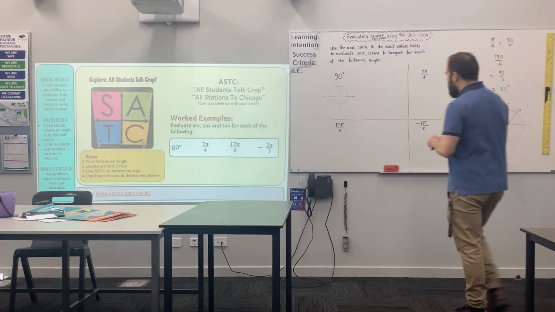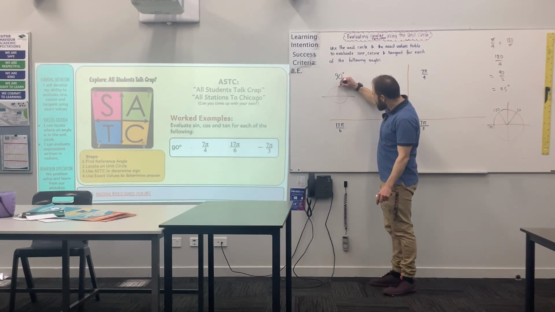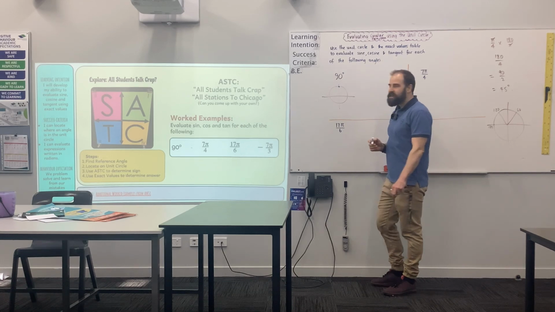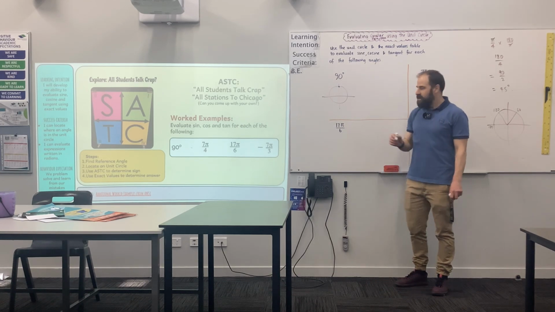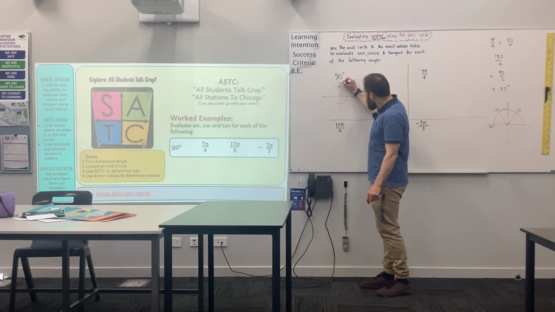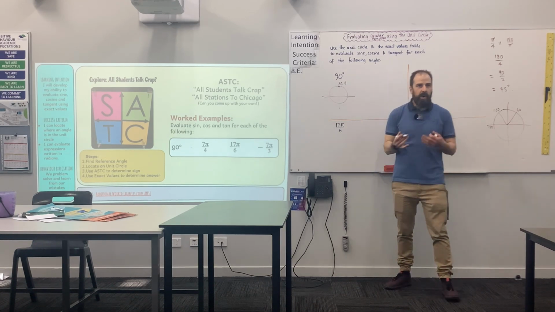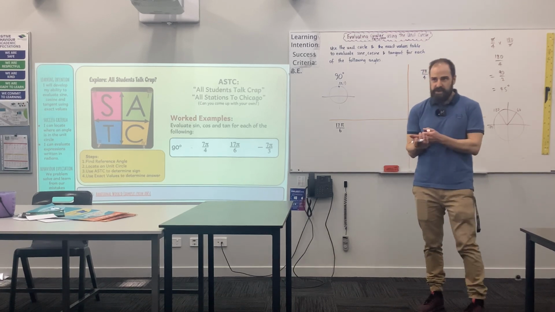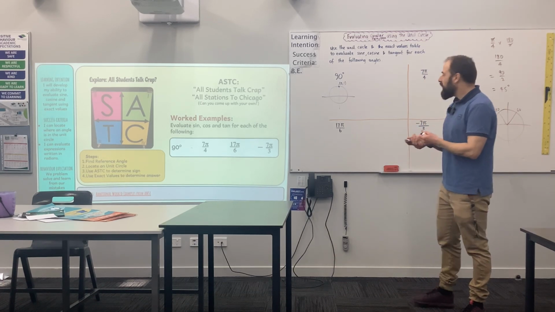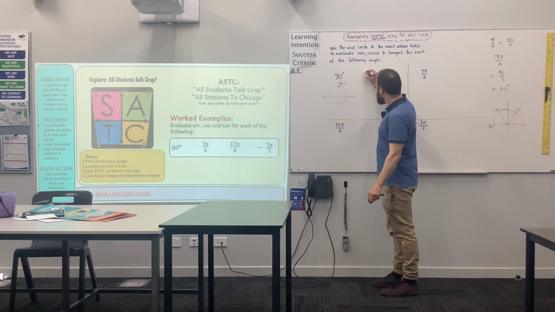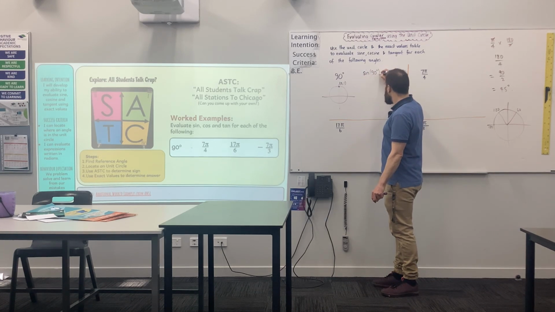Then I'm going to mark for myself, where is 90 degrees? 90 degrees is straight up here. Okay, so now I know that that is the point where x is 0, y is 1. Or I could go to my exact values table and look up what sine of 90 degrees is equal to.